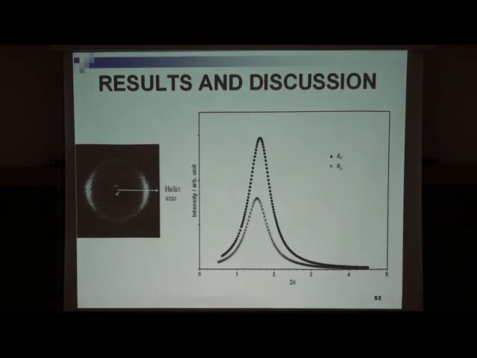And if you integrate these two directions, and if we apply the Lorentzian function to it, the same d values are observed. I mean, it cannot be possible to determine micelle diameter and thickness.